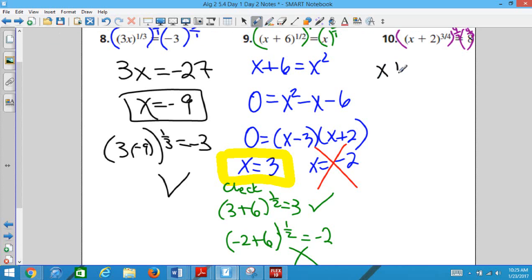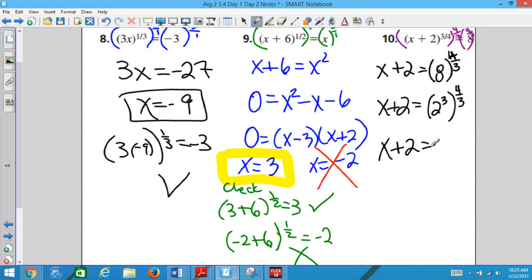So I would get x plus 2 equals 8 to the 4 over 3. And I'm going to change that 8 to 2 cubed to the 4 over 3.